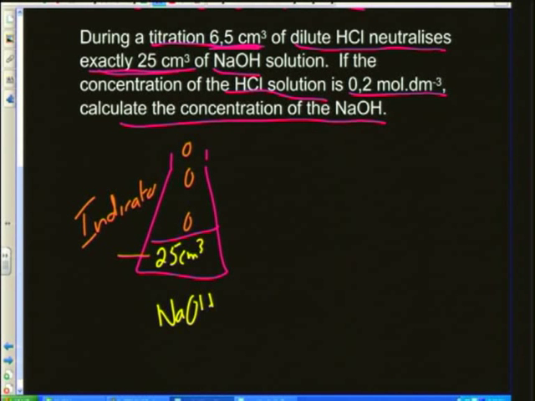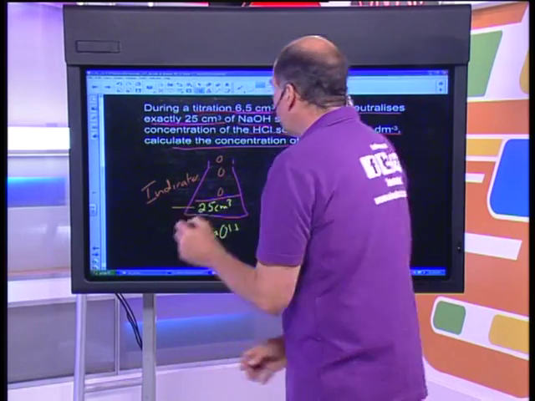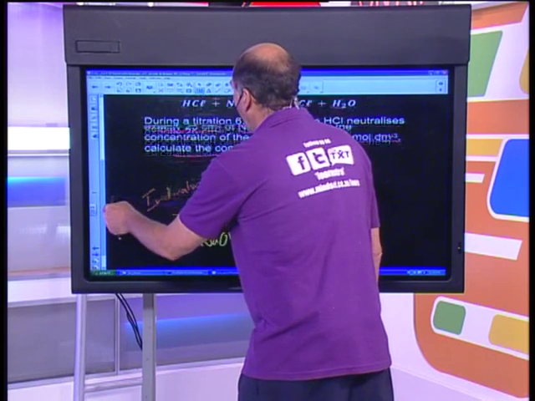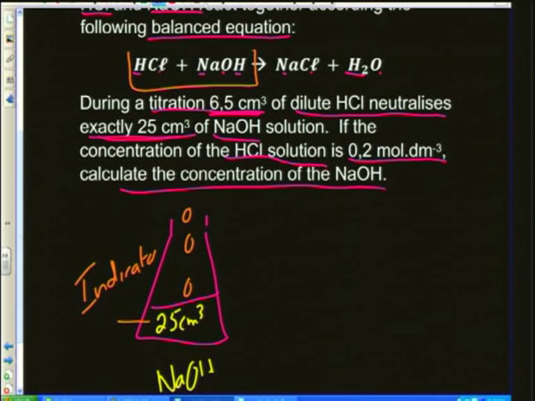And when you choose your indicator, it's so that you have exactly the right number of drops of acid and base to neutralize each other, so that you don't have any more reactants. Remember, these things over here are called reactants.